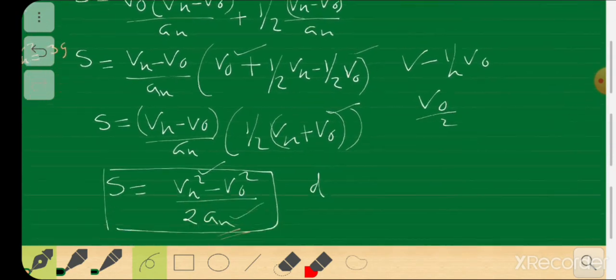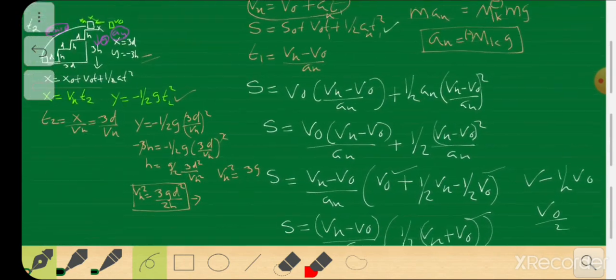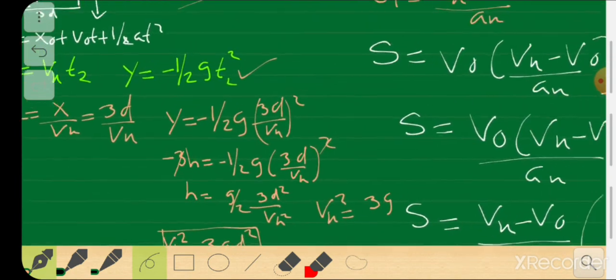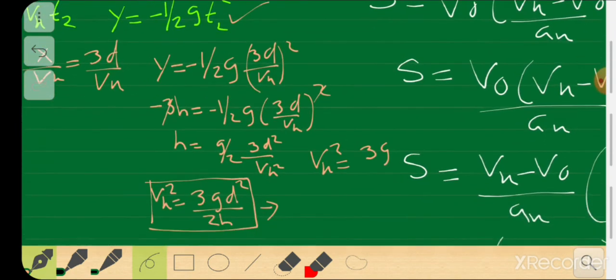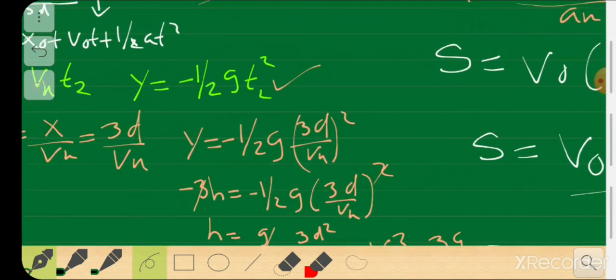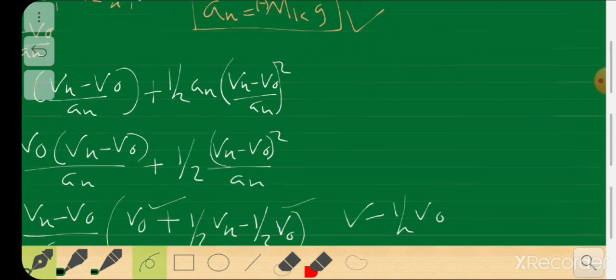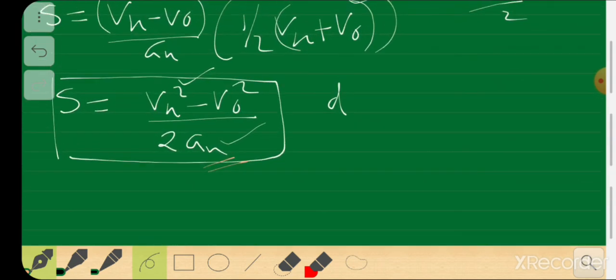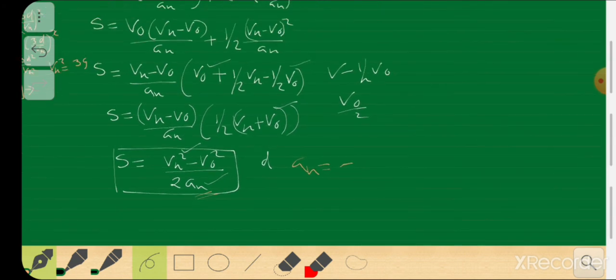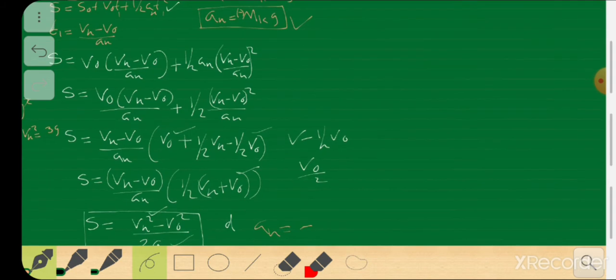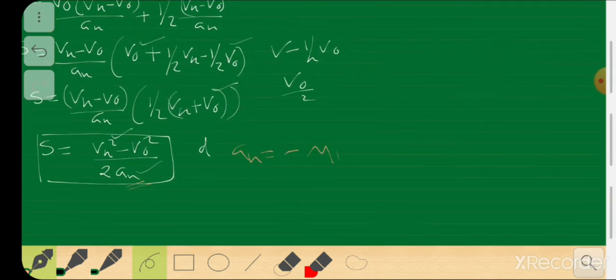I don't remember where I found that, but anyway, ax must be equal to minus mu k g, since the friction is opposing the motion. So ax is minus mu k g.